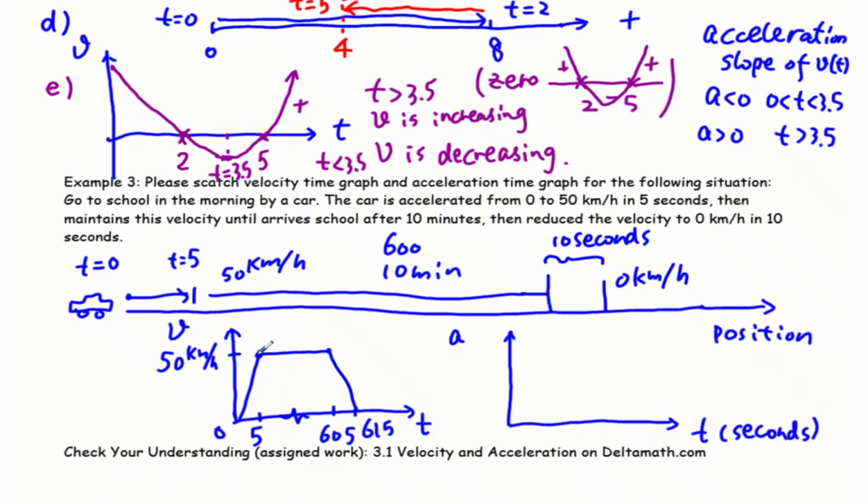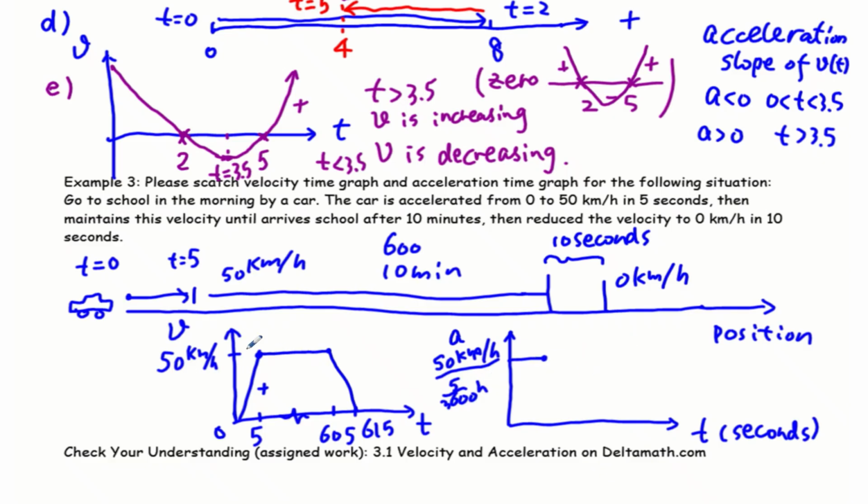If we assume it's constant, the slope is a straight line. So a will be somewhere here, a big number because it's positive. It's 50 kilometers per hour divided by 5 seconds. You change it to hours, so I will leave the calculation for you. 5 over 3600 hour. Then we ignore that number.